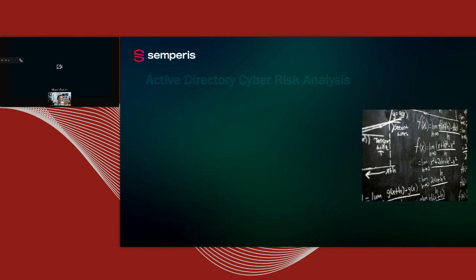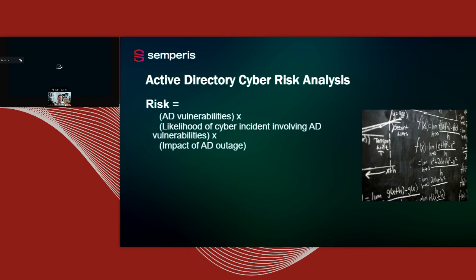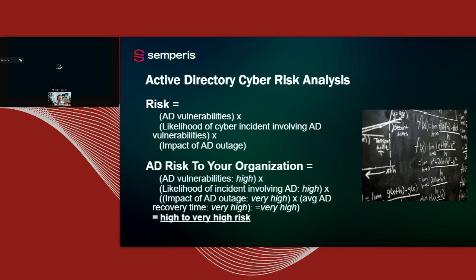So let's take that formula and plug that into Active Directory. For an Active Directory risk analysis, the risk is equal to the number of Active Directory vulnerabilities times the likelihood of a cyber incident involving these vulnerabilities times the impact of an AD outage. You can see where this is going. The number of Active Directory vulnerabilities is high.